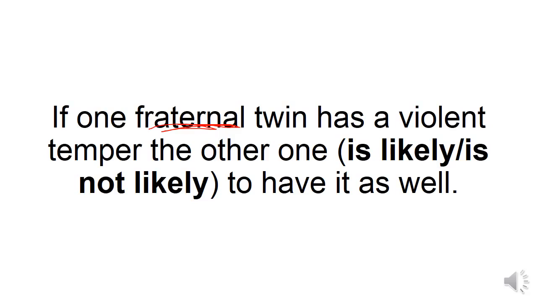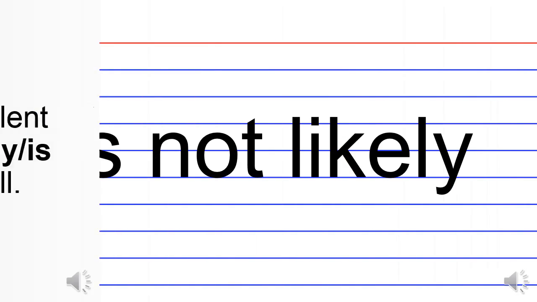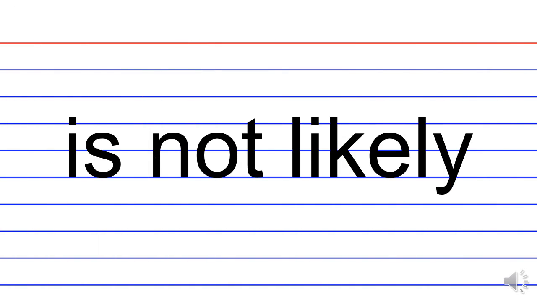So fraternal twins come from two separate zygotes, so they're not exactly the same, although they have a lot of the same genetic material. All right, that was long enough. So the answer is not likely. In the case of fraternal twins, if one twin has a bad temper, the other is not likely to have that same bad temper. All right.